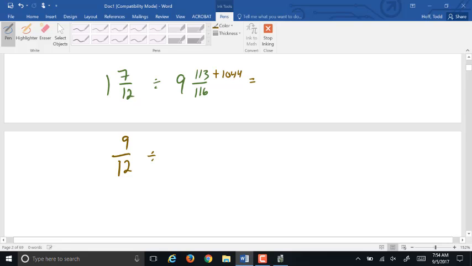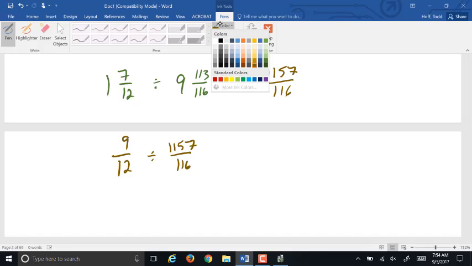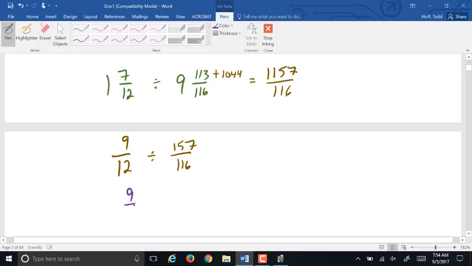We add that to the 113, it's 1157. So now we've got to invert that one. Plus a 1 there.